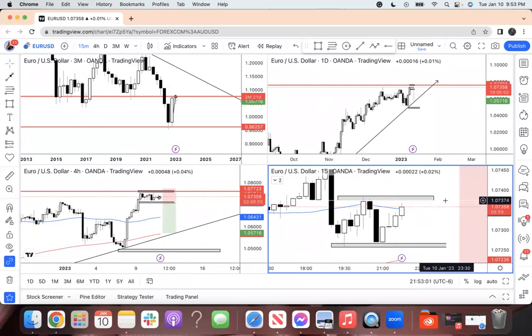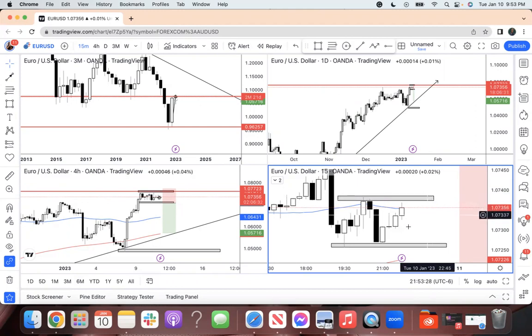So we know that on the daily we were at a major area of resistance, and it's a possibility that price is going to reject that area, and we're going to have a temporary trade to the downside to possibly retest or even break the trend line that we established on the 4-hour time frame.